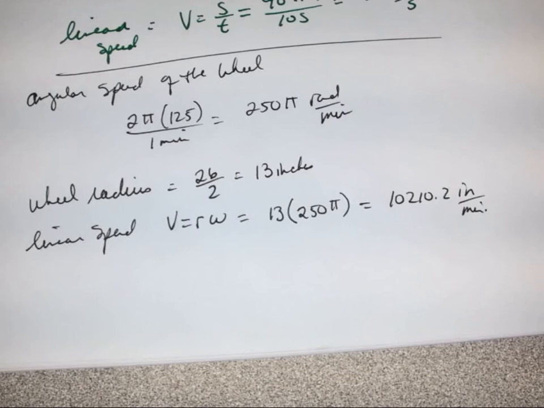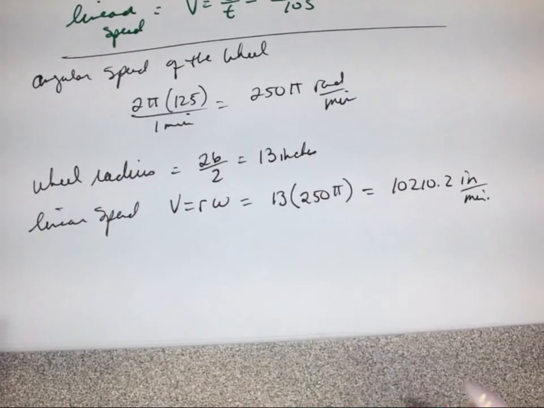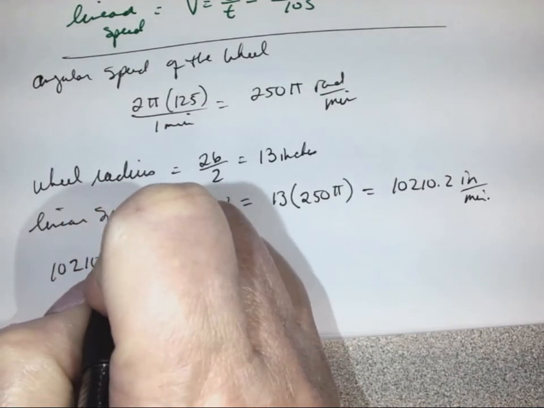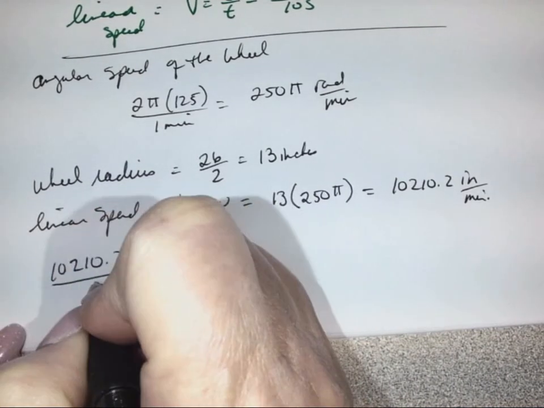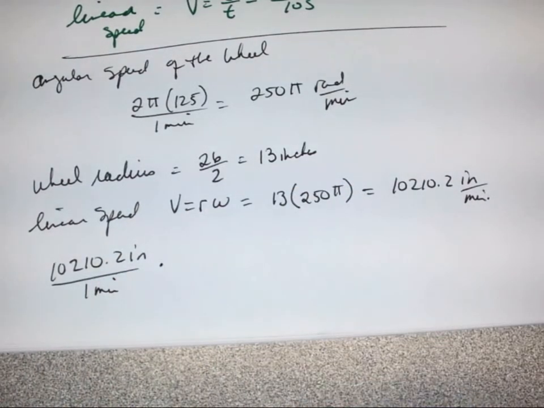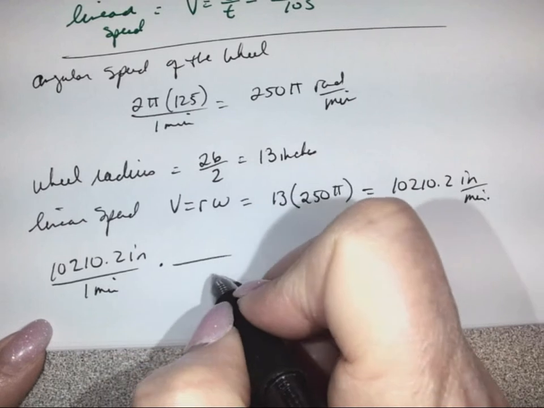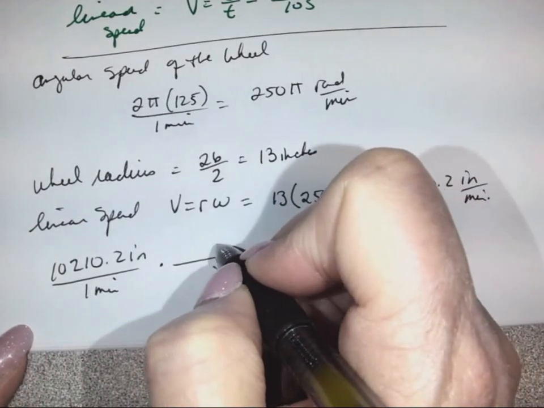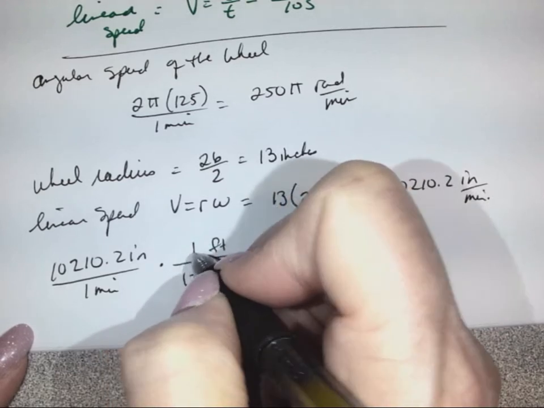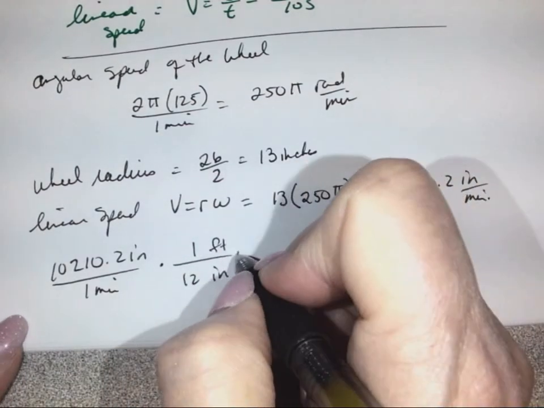But we need miles per hour, so we've got to do some dimensional analysis here. So we'll take 10,210.2 inches per 1 minute, and we've got to go from inches to miles, so 12 inches is equal to 1 foot.